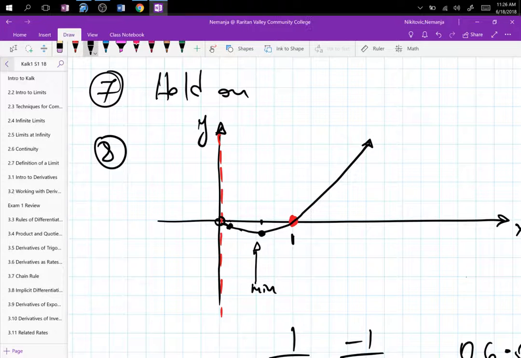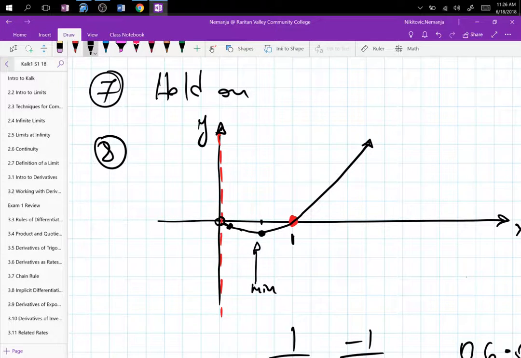You see, the limit is 0. So the graph is trying to go to 0, 0, but because it has a vertical asymptote, it doesn't have a point there, so we have to put the open circle.